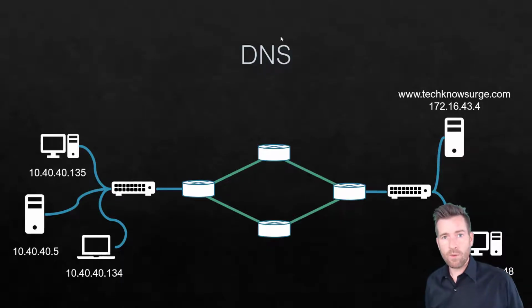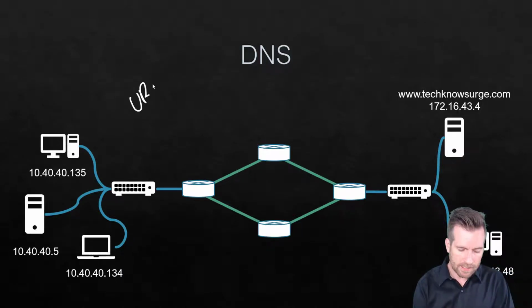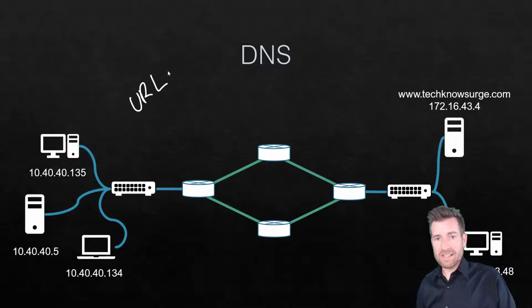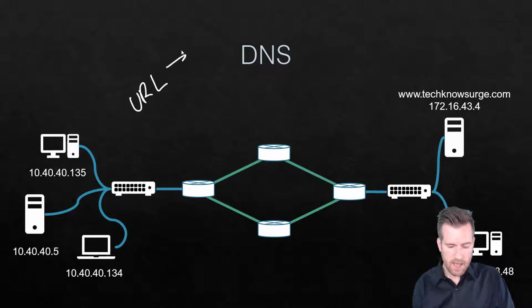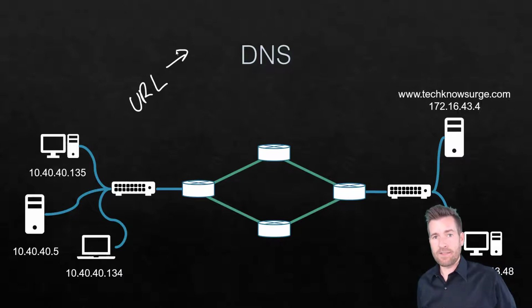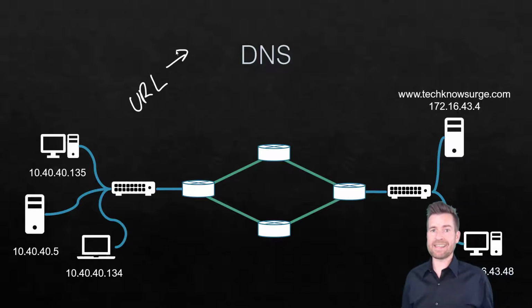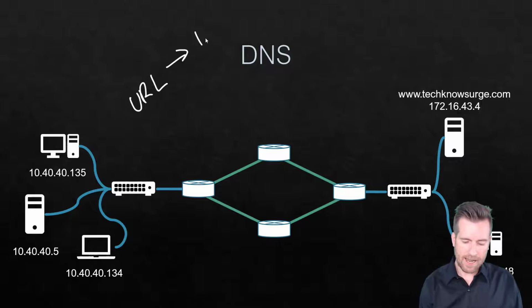So somehow we have to translate those URLs that users are typing into their application so they can get to a resource. So instead of that URL, the machine is going to get to that location using an IP address.